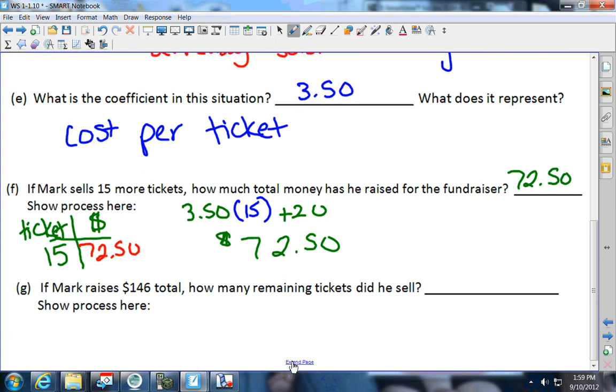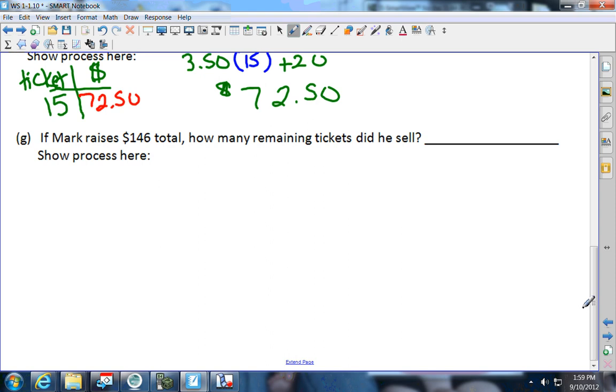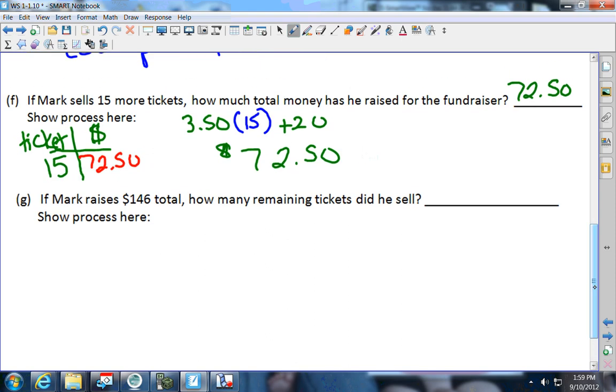Now down here on G, it says if Mark raises $146 total, how many remaining tickets did he sell? Well, again, I have tickets and I have money. This would go in the Y column right here.